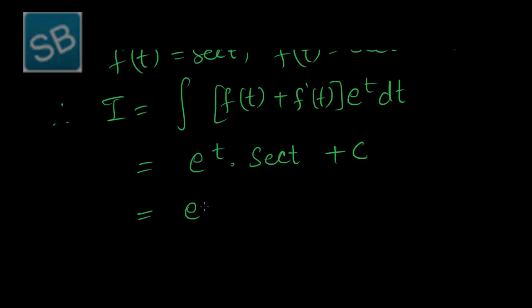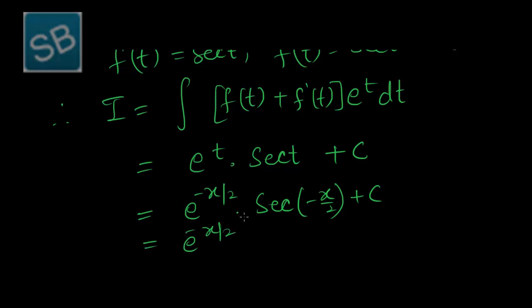It is e raised to power minus x by 2 secant of minus x by 2 plus c. So we get e raised to minus x by 2 secant of minus theta is secant theta plus c. So this is the required result of I. So we are going to discuss the next problem in the next lecture.